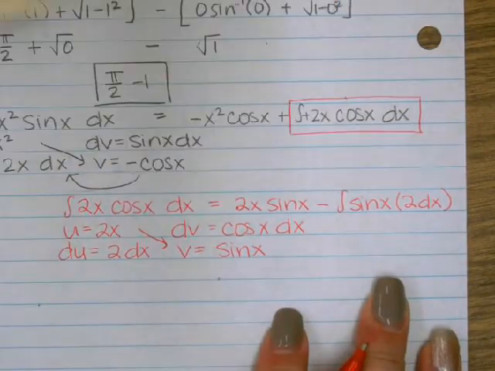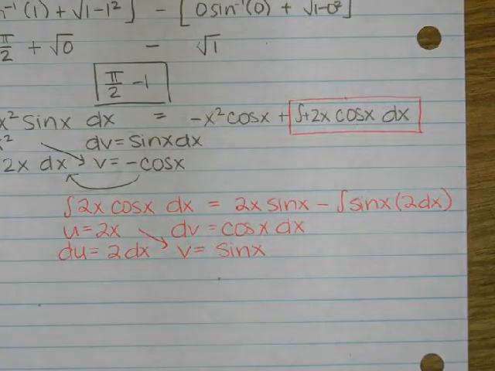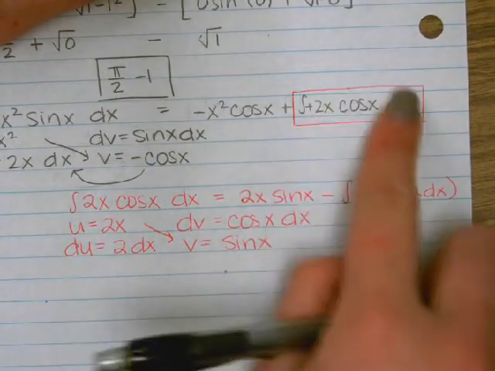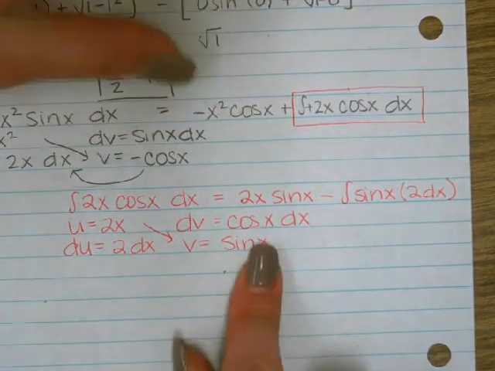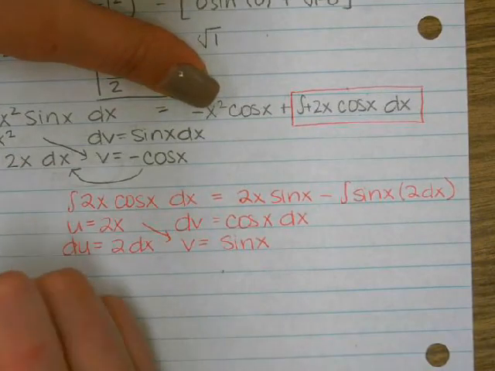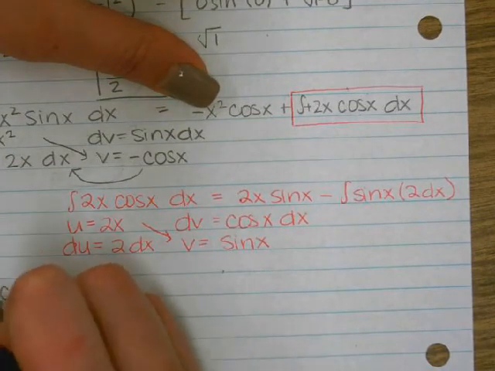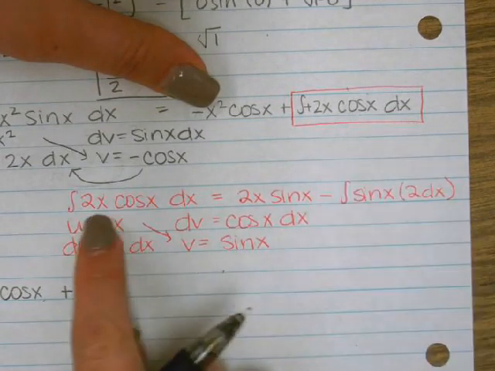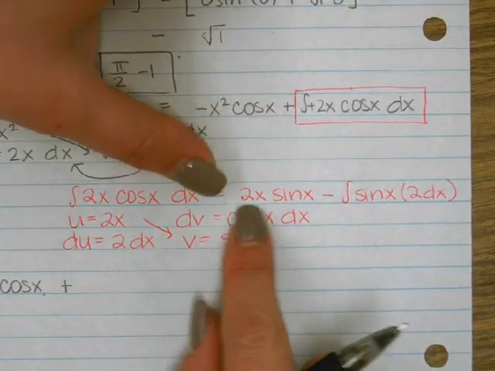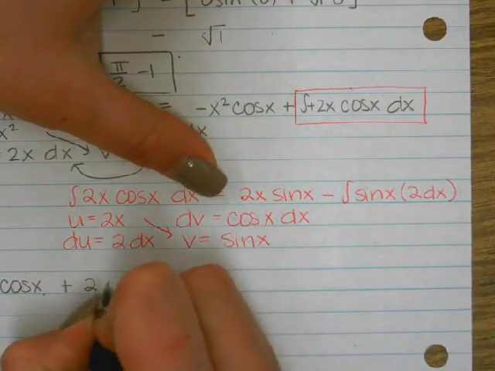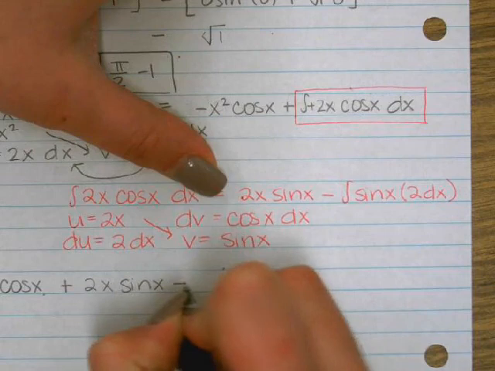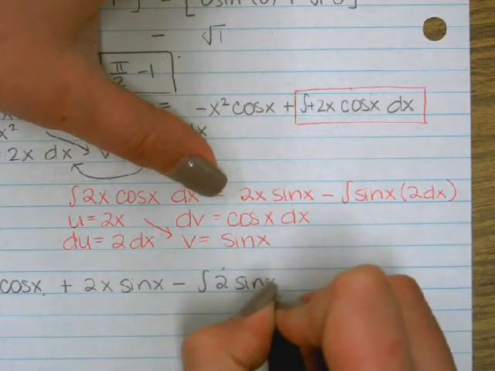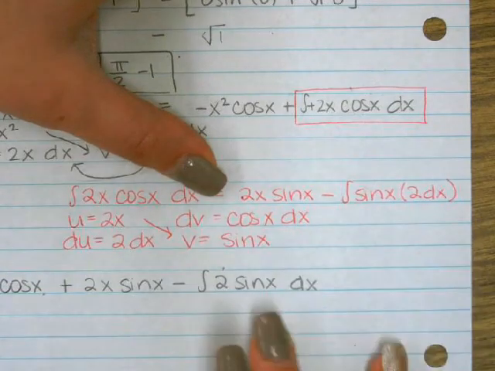Okay, so here's what I'm going to do. This is the original problem, and then I just know that my red stuff is actually this stuff down here, so I'm going to write this out. I've got negative x squared cos x plus, and then instead of writing this, I'm going to go ahead and write all the stuff that equaled. So plus 2x sine x minus the integral of 2 sine x dx.